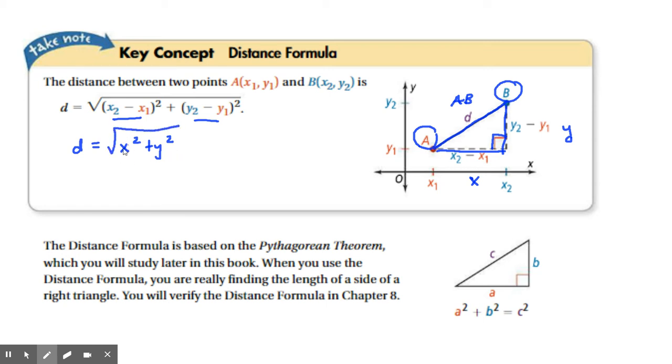And one thing we need to understand is that when you're squaring something, say for instance the x value is 5. When you square 5, you get 25. When you square negative 5, you also get positive 25. So what I'm trying to tell you is that it doesn't matter if your differences are positive or negative.